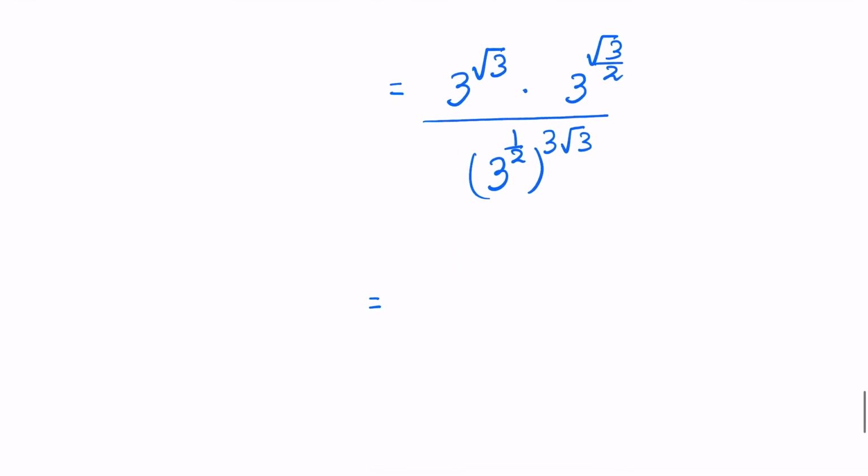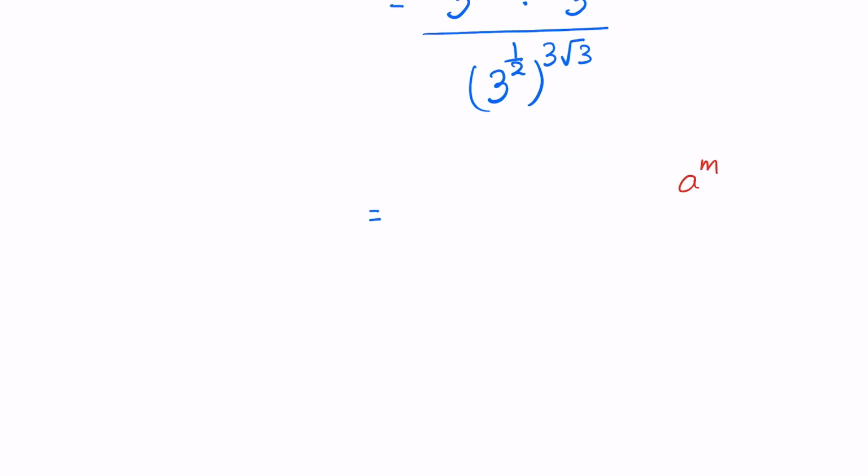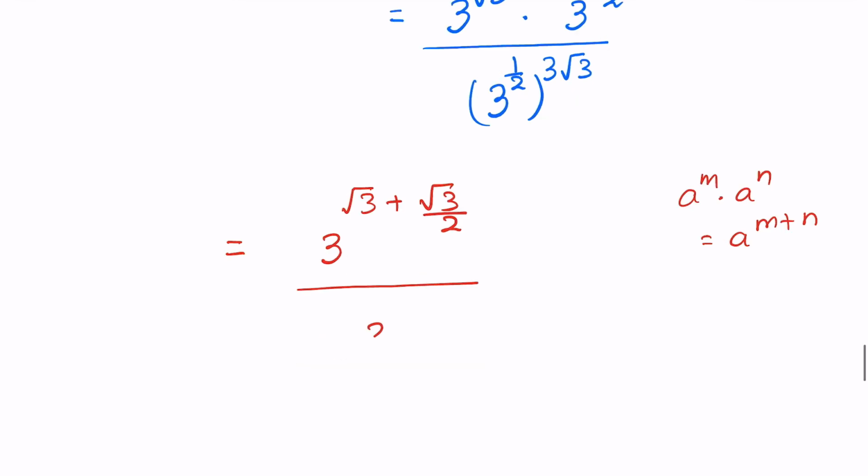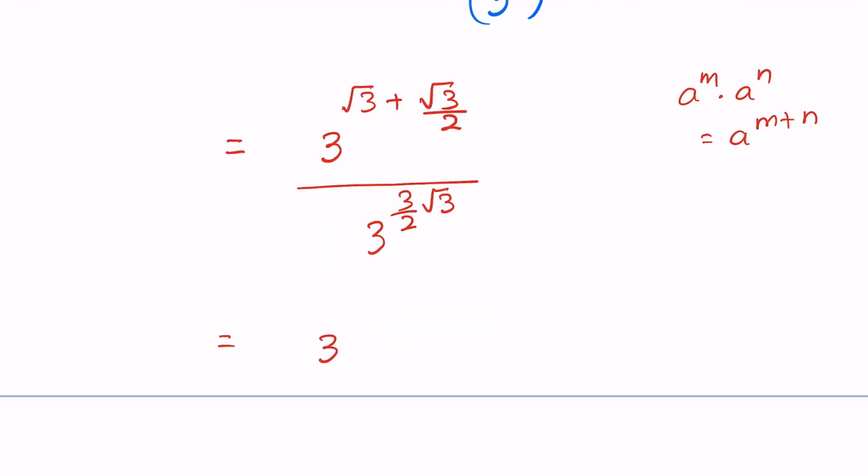Now using the identity a raised to the power m times a raised to the power n is equal to a raised to the power m plus n, we can write 3 raised to the power of square root of 3 plus square root of 3 upon 2, then upon 3 raised to the power of 3 upon 2 square root of 3. We take 2 as LCM.